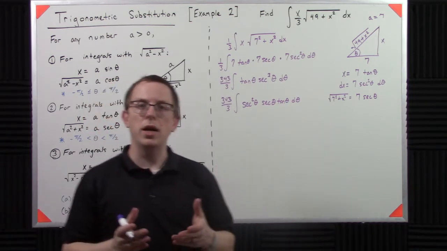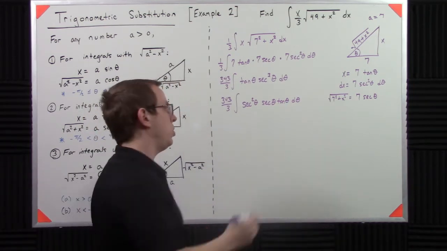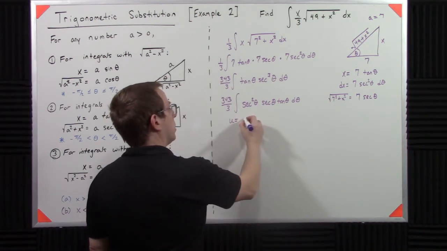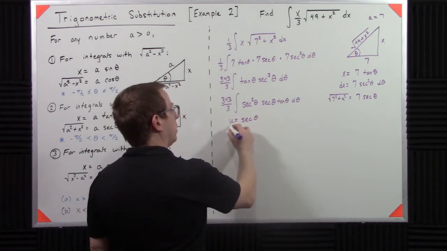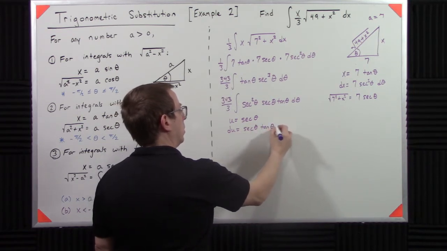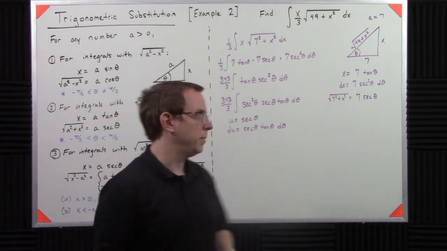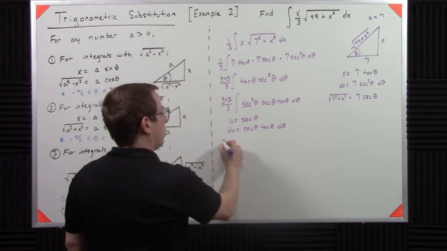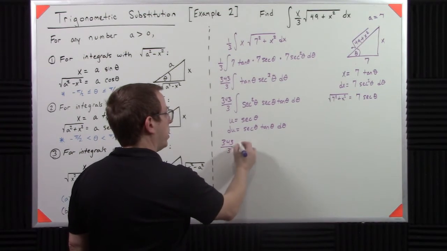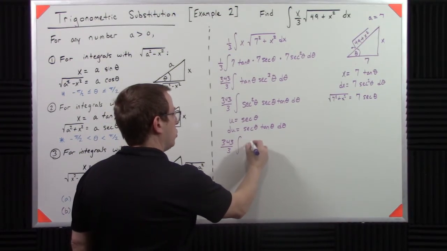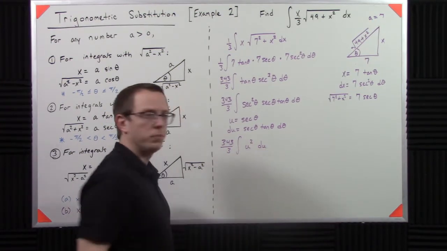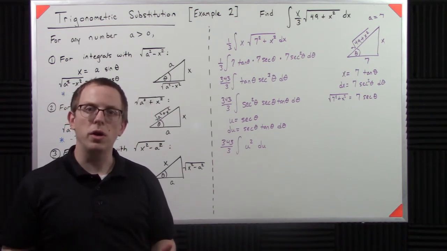So then I can use a u substitution. I can say u is secant theta, so du is secant theta tangent theta d theta. So that gives me 343 over 3 u squared du. Right, so u squared du is simple enough.